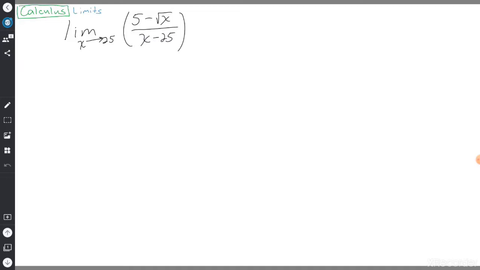Generally we would want to take 25 and substitute it into the equation to determine what our limit is. But if we do that, look what happens. We'll get a zero in the denominator, and we can never have a zero in the denominator, especially if we're trying to determine the limit.